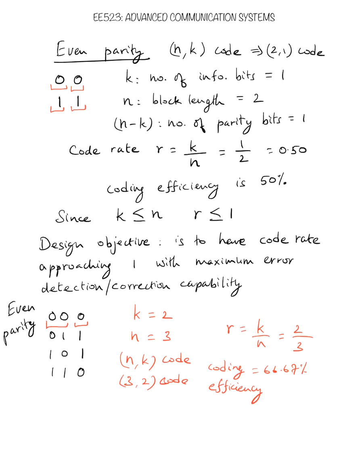Like this we can keep on increasing the code rate. Obviously when we increase the code rate, the efficiency increases, but that also would affect the error detection or correction capability of the coding technique. Now for the parity codes, if you recall, parity codes can detect an odd number of errors.